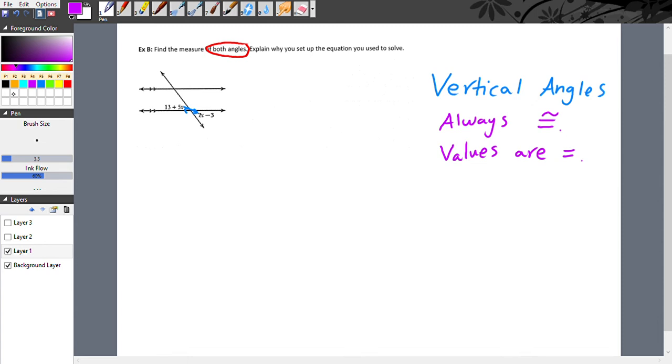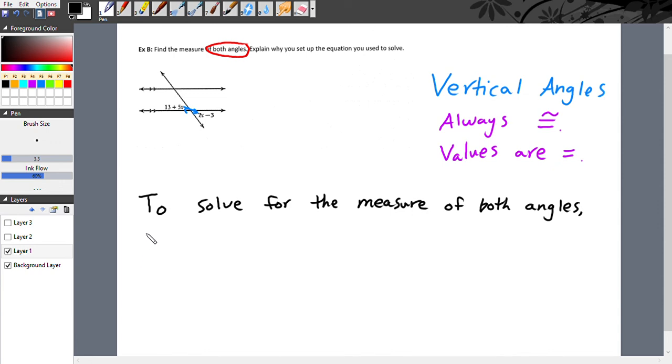So now let's go ahead and write our explanation for this problem. So again, we're going to start out by saying, what are we solving for? So to solve for the measure of both angles. Now, what are we using? We will use the property of vertical angles.